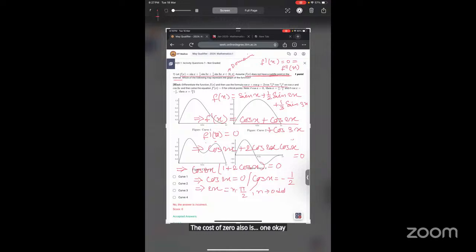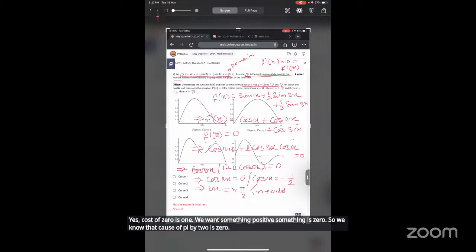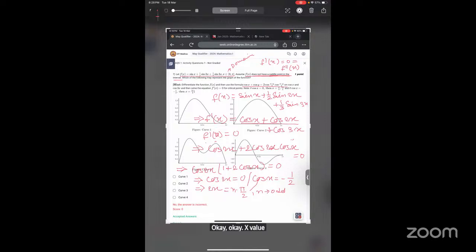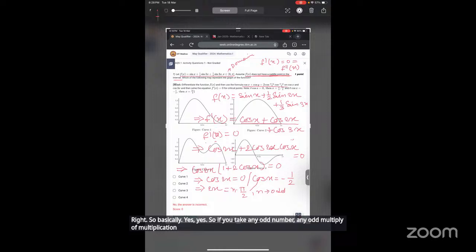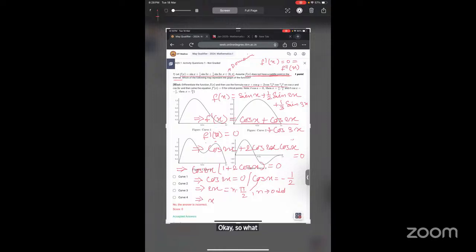Cos of 0 is 1, so we want cos of something to be 0. We know that cos of pi by 2 is 0, where the curve crosses the x axis. So any odd multiple of pi by 2 will give 0. So what will be the value of x from here? n pi by 4.